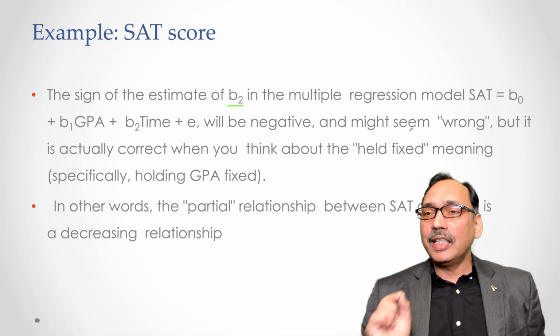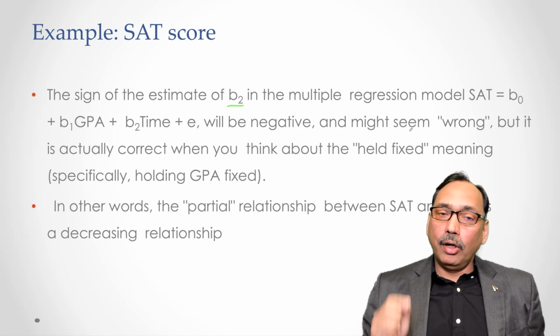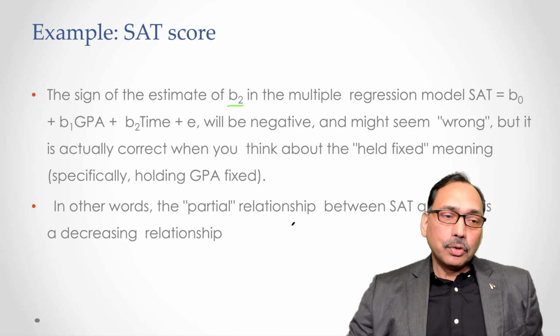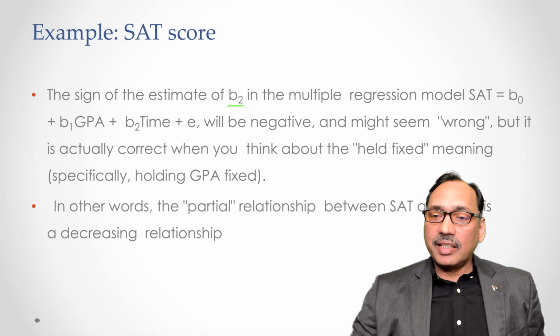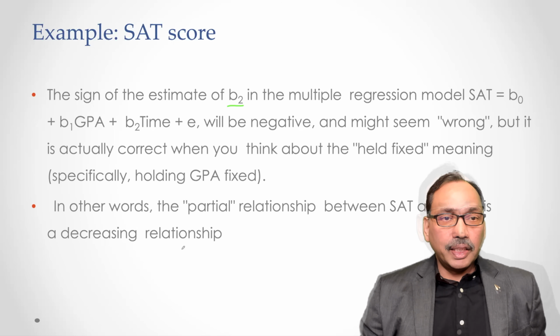So if GPA is fixed at 1, clearly the trend is negative, or if GPA is fixed at 2, clearly the trend is negative. So in other words, the partial relation between SAT and time is a decreasing relation.